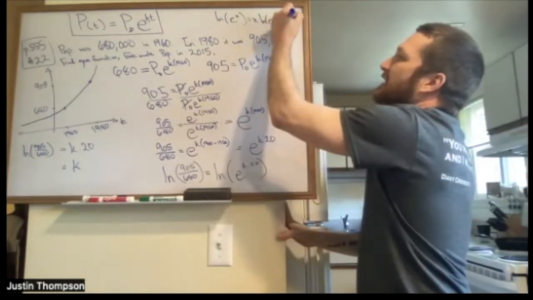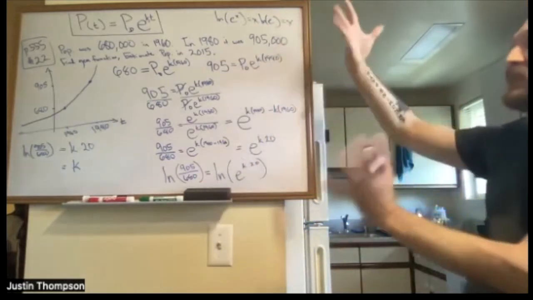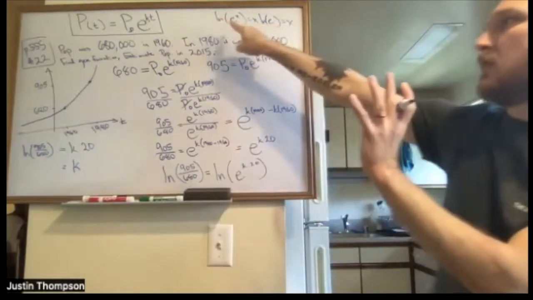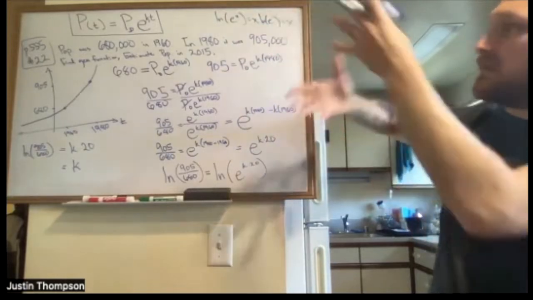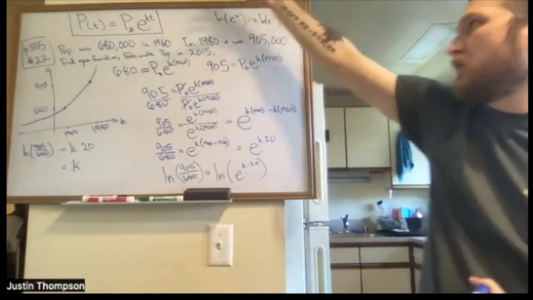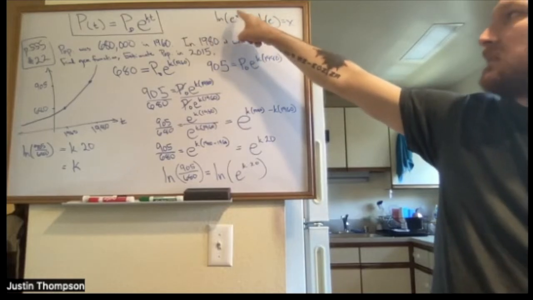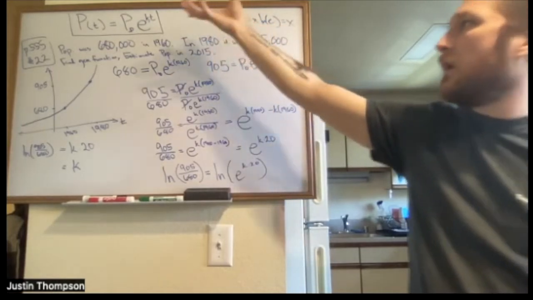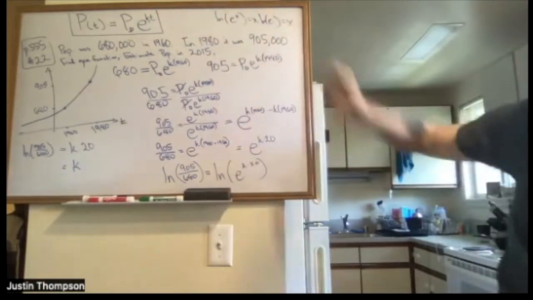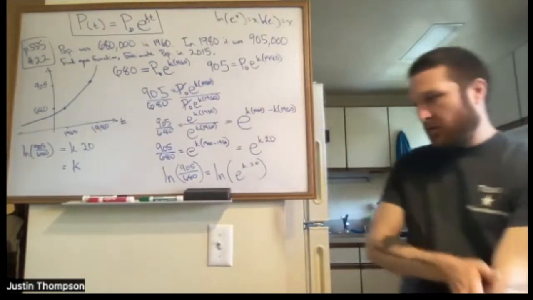Or we could think about it as recognizing that these are inverse functions of each other. You plug an x into the exponential function, and then you take a log, and it just brings you right back to where you started. Either way you want to think about that, they're equivalent.